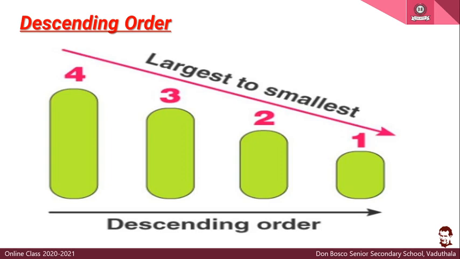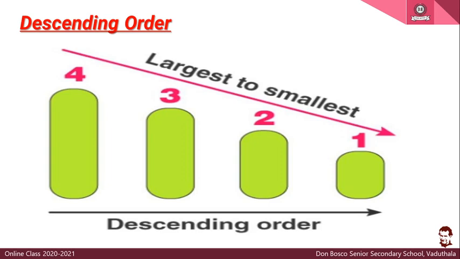We will start from the biggest one, then we will move on to the smallest one. So descending order means arranging from biggest to the smallest. That is the descending order of numbers. You have to remember from biggest to the smallest.